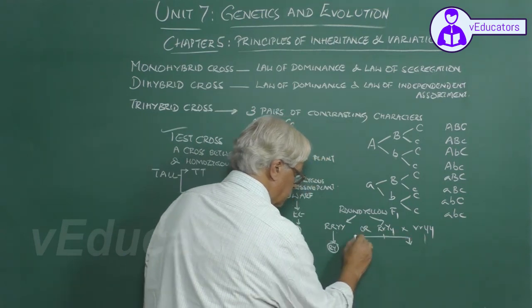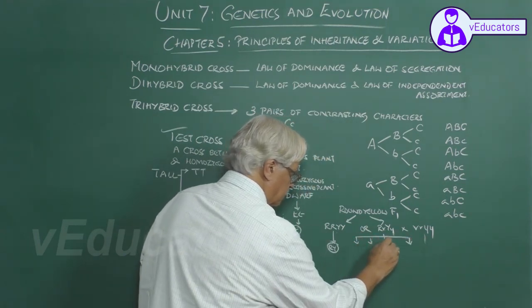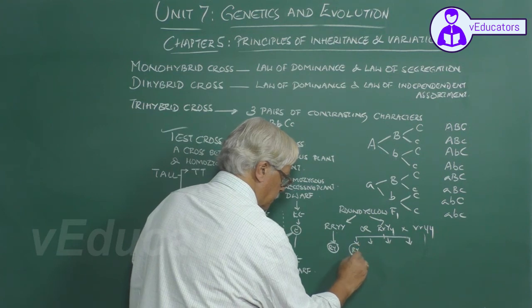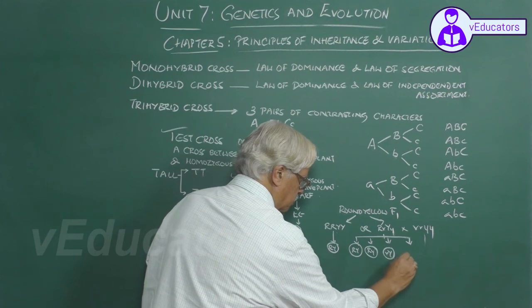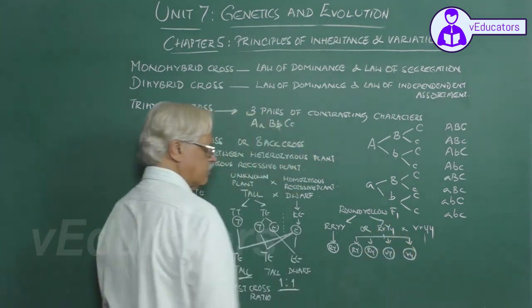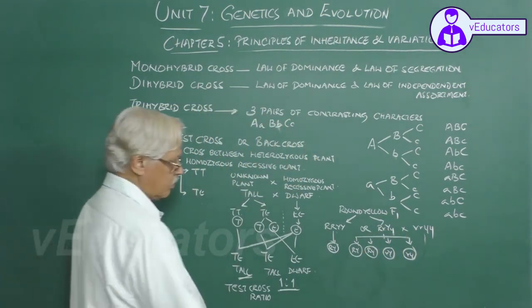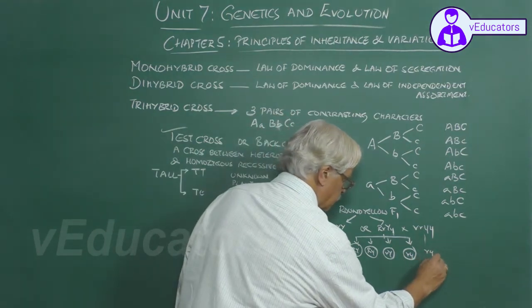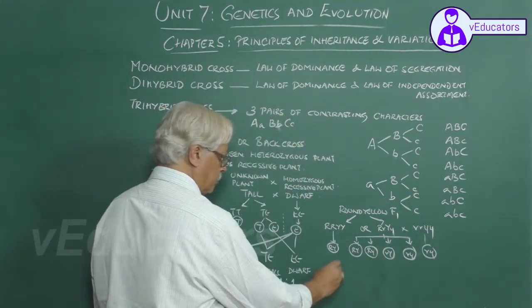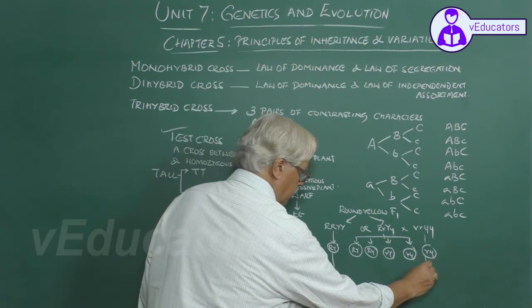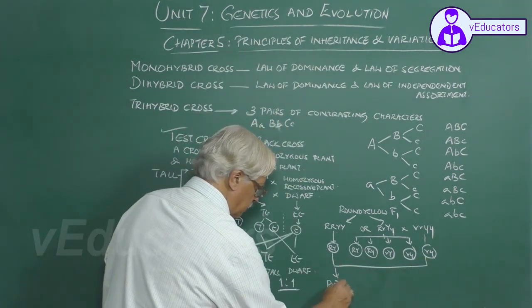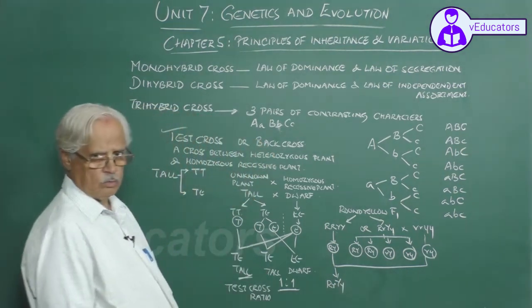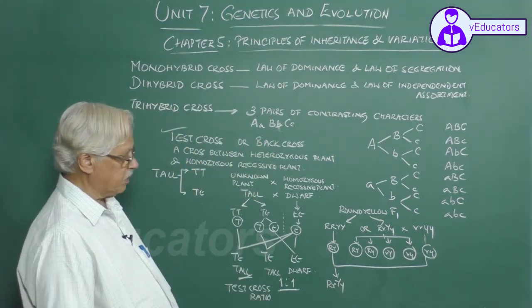We have seen it produces four types of gametes: capital R capital Y, capital R small y, small r capital Y, small r small y. If these two fuse, it will be round yellow, only round yellow. No other plants will be produced.